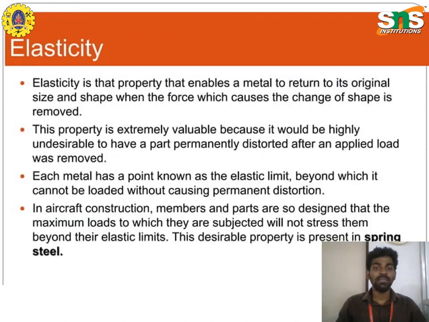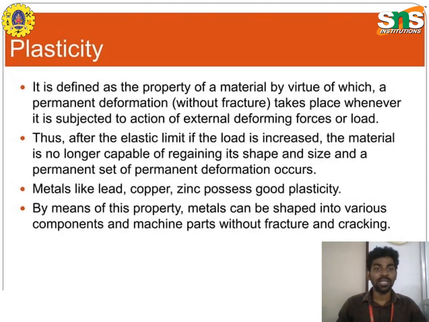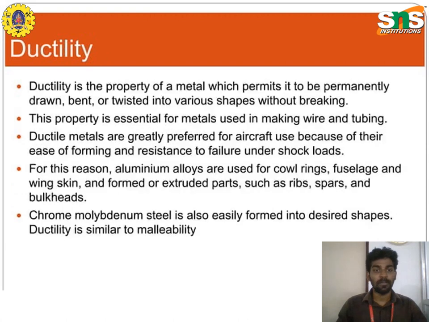Elasticity means that when we apply a force to an object and then release it, it finally attains its original position. Plasticity is the property by which a permanent deformation takes place whenever the object is subjected to external deforming forces or load.